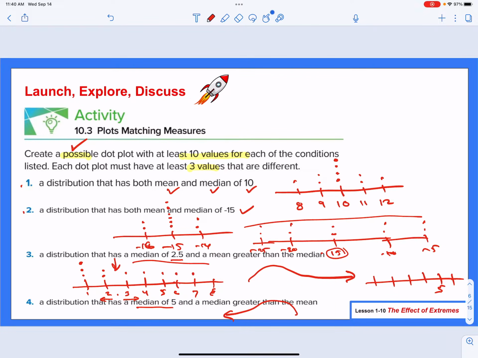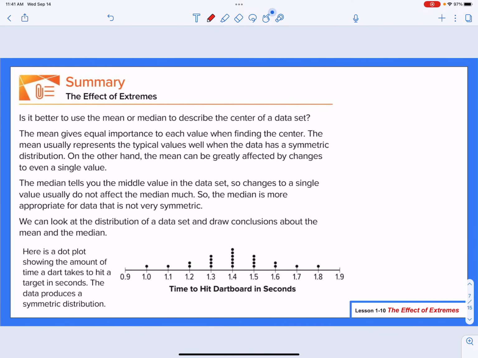So you're going to have your data points along here, okay, and the other ones can be this way, and that's going to cause the skew to go that direction there, and our middle point's still going to be at the 5. Now for it to be 5, I should put probably 6 values over here and just 4 values over there so that that becomes my middle point. Okay, so that's a way to do that one right there.